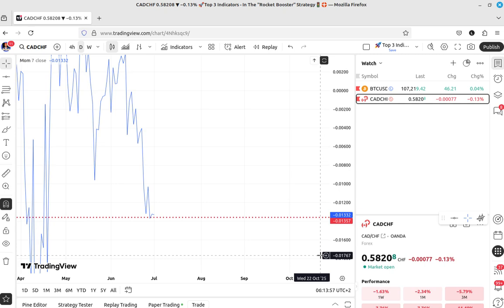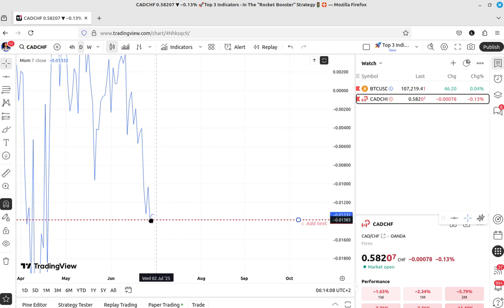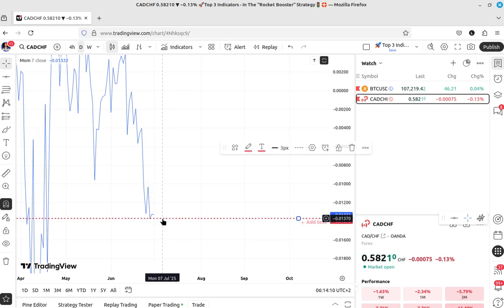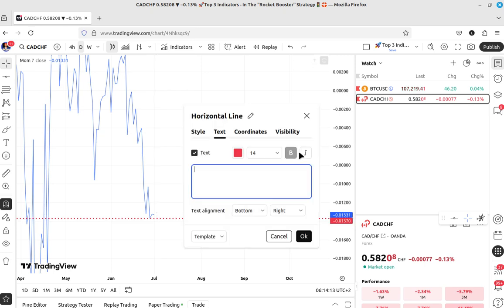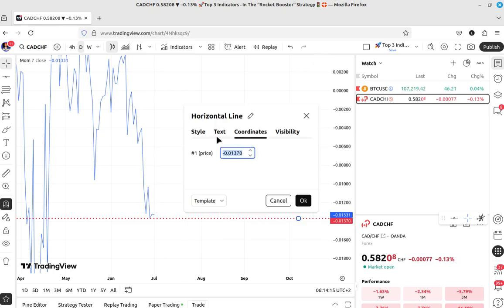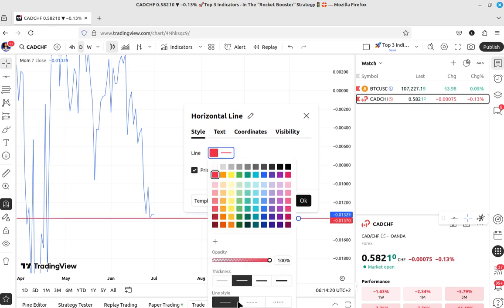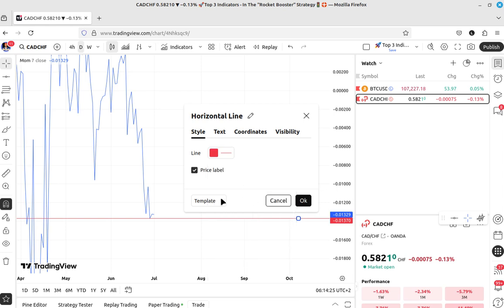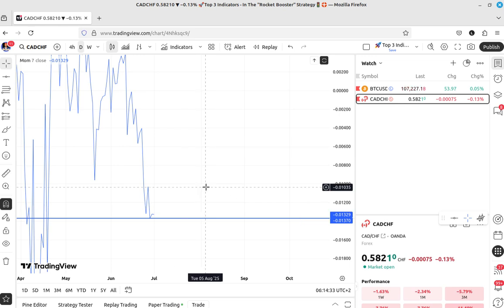We have like another 30 points before it crosses that line.